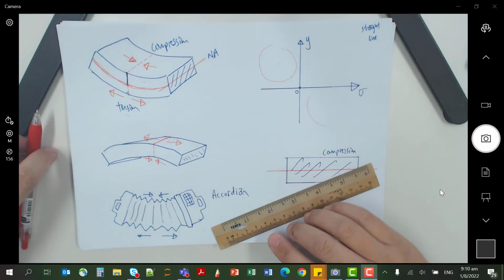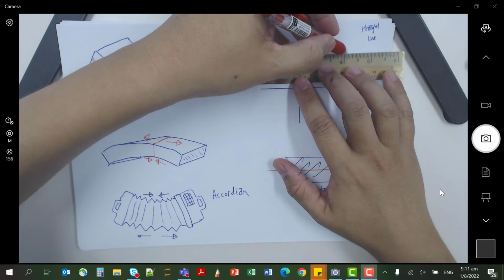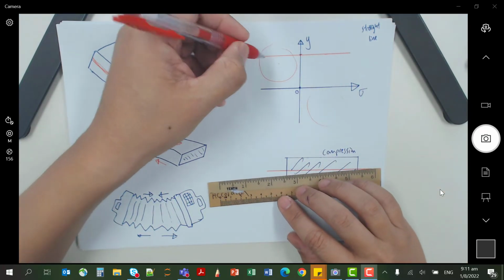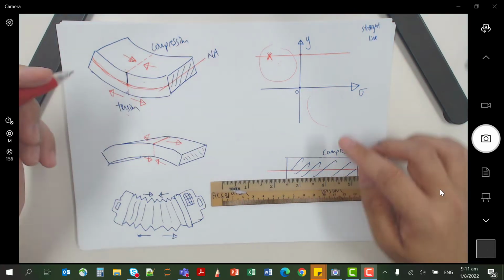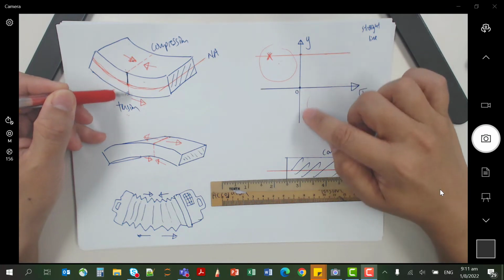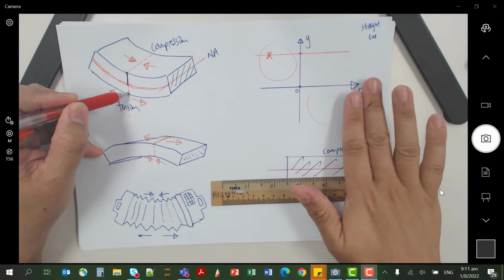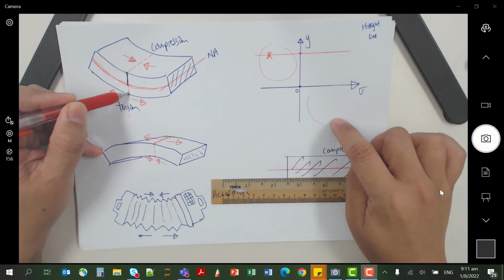At the top surface, I will be at a negative stress. If I go to the bottom, tension is going to happen, so my stress is going to be positive. So at the bottom, the stress is going to be here.